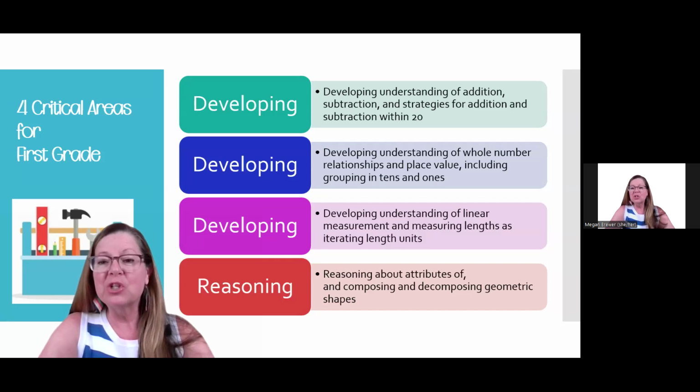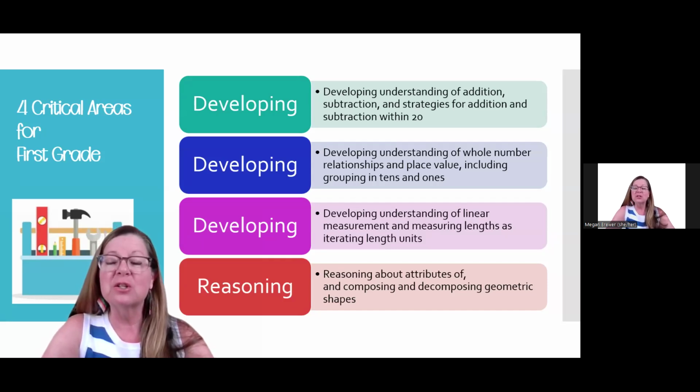The math tools we will share in the next few slides reflect supporting these 4 critical areas.